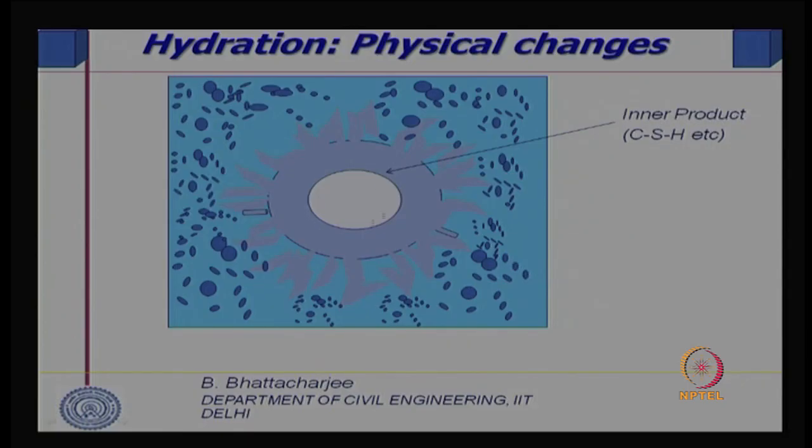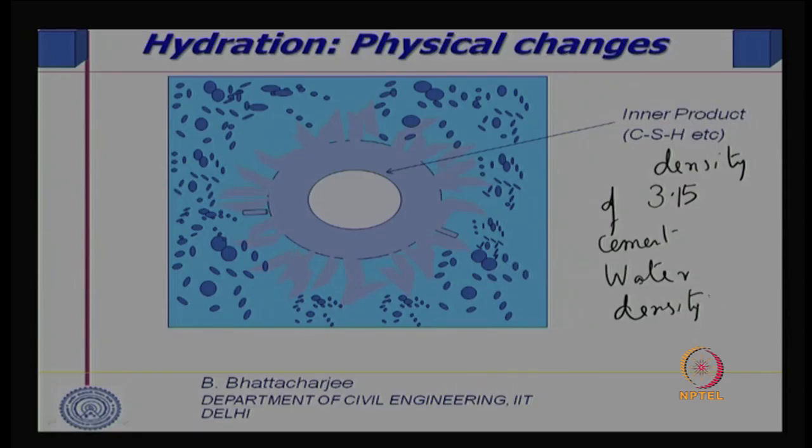Now, as we know, the product of hydration has a density lower than that of cement. The density of cement is 3.15, and water has a density of 1. Once it has reacted and formed a product, this will have a density less than 3.15 but more than 1, somewhere in between.